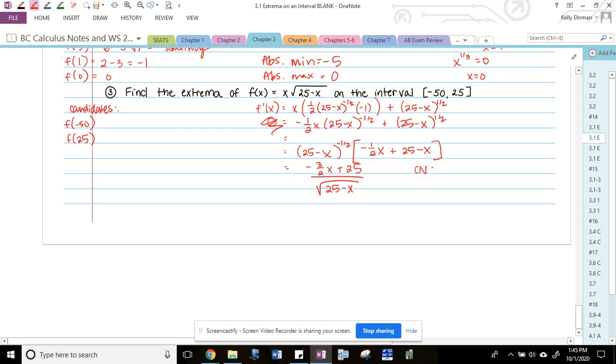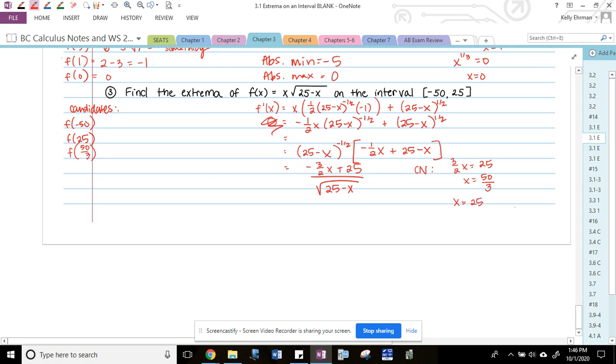Critical numbers. The numerator will equal 0 when 3 halves x equals 25, so when x equals 50 over 3, there's one critical number. So that's another candidate. Oh, that'll be fun. And then finally, the denominator is 0 when x equals 25.